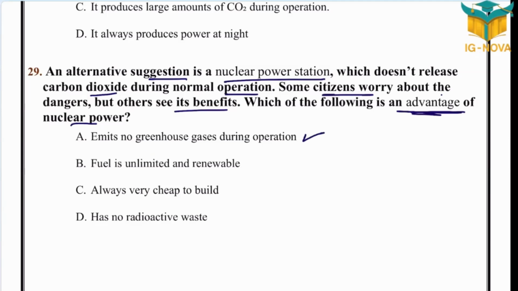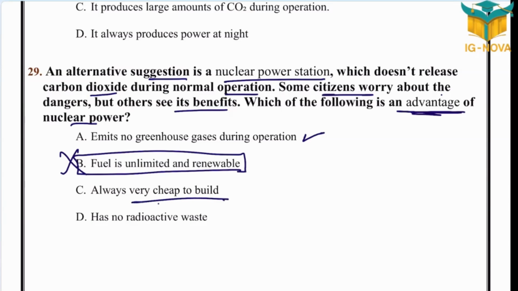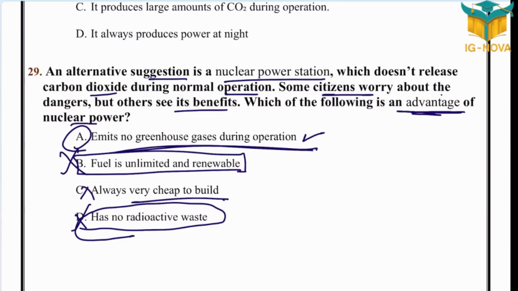Fuel is unlimited and renewable? Is this fuel renewable and unlimited? No. Always very cheap to build? Actually, no, they are a little bit expensive. Has no radioactive waste? Is this one the advantage? No. So I'm gonna go for A. They don't release any greenhouse gas. But in any disaster like the Chernobyl disaster, it will be very harmful to most people.